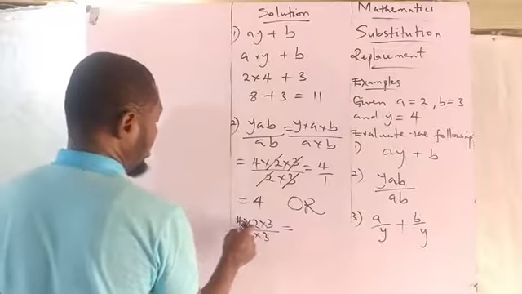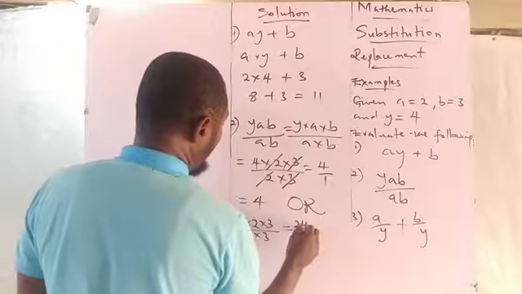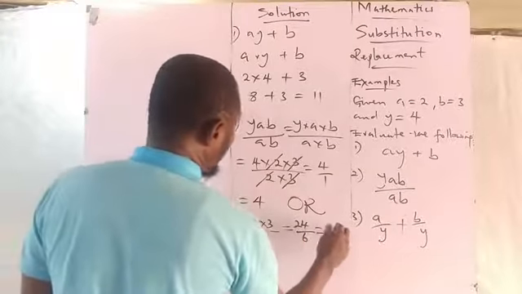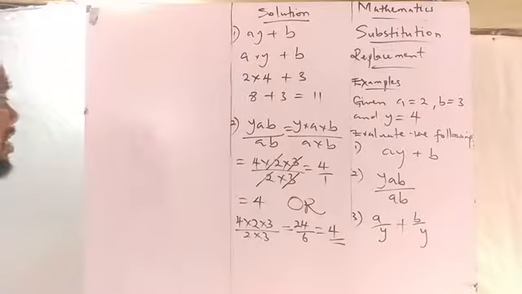This 2 cancels this 2, this 3 cancels this 3, and you have 4 over 1 left. Your answer is 4. You can also multiply: 4 times 2 is 8, 8 times 3 is 24, all over 6. How many 6 are in 24? Your answer is 4. So I have the same answer.